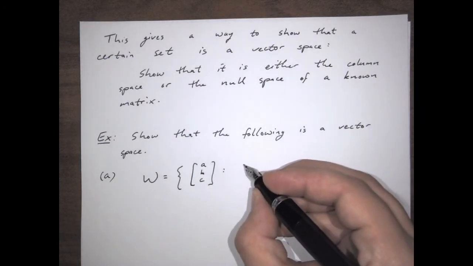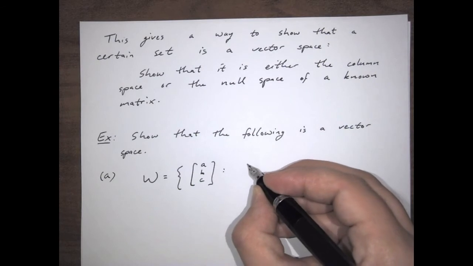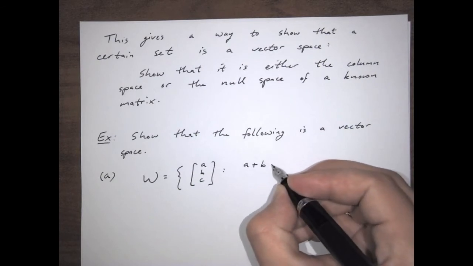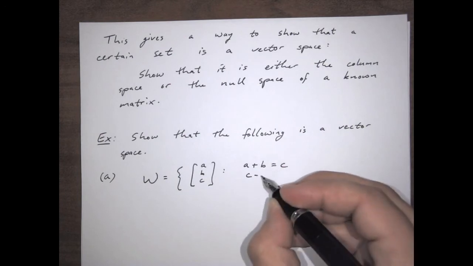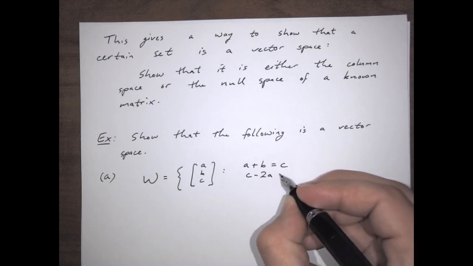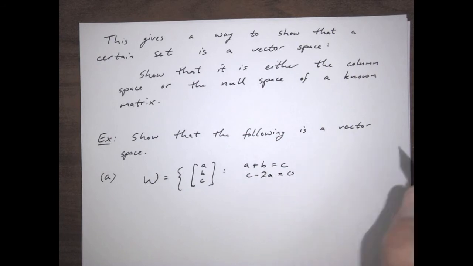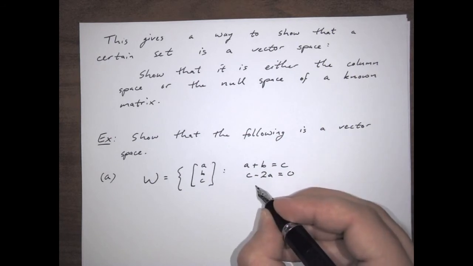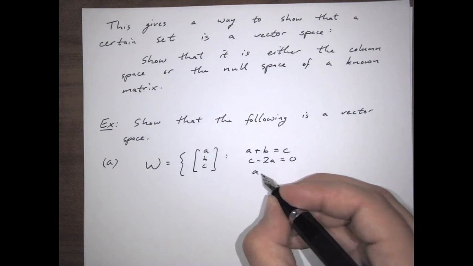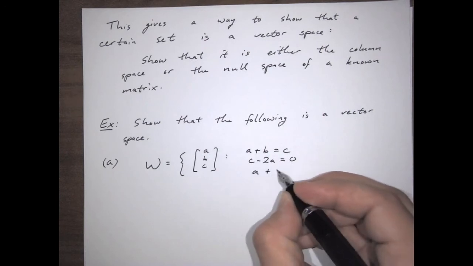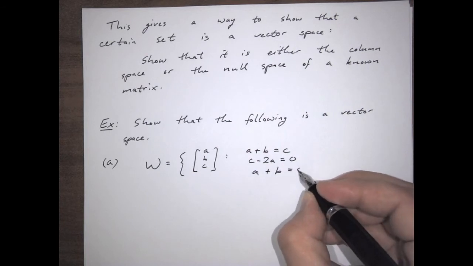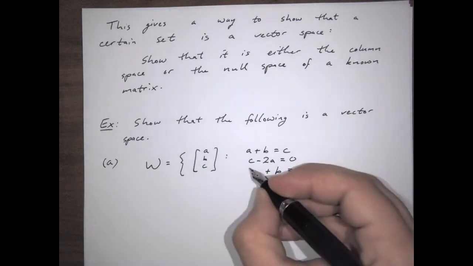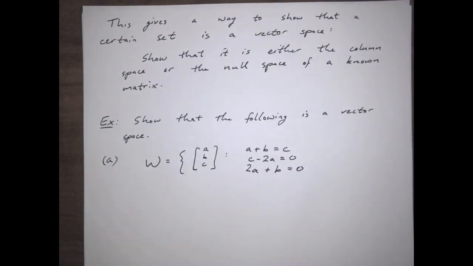They will be given with some equations such as a plus b equals c, c minus 2a is equal to 0, and then finally, let's say 2a plus b equals 0.